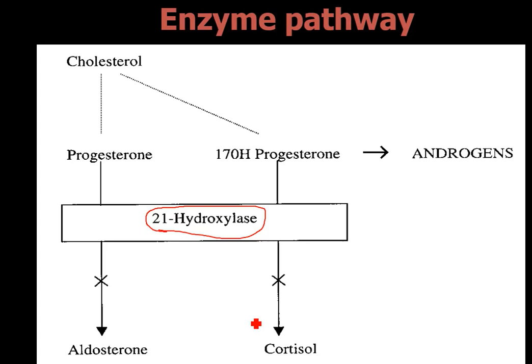So when there is deficiency of 21 hydroxylase, there is a block in the pathway to form aldosterone and cortisol. The pathway then returns back to progesterone and 17-hydroxyprogesterone, and these subsequently lead to an excess of androgen, which affects the adrenal and causes hyperaldosteronism.